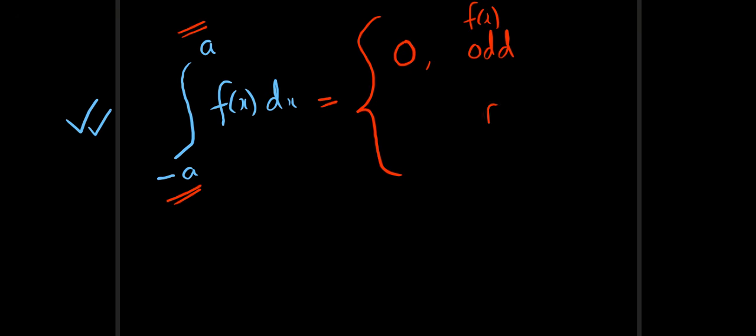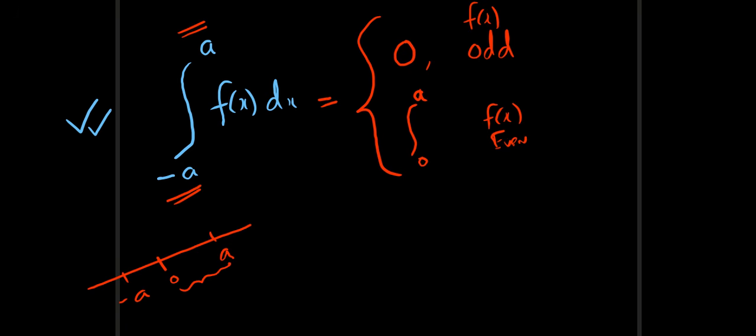And if f of x is an even function, what you do is you do half the integral. You're supposed to integrate from minus a to a, but you do half of that. That means you integrate from 0 to a, but double the work. So this is the property of even and odd function.